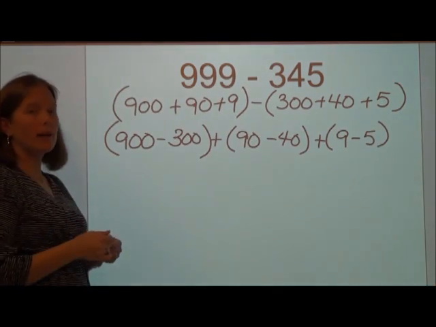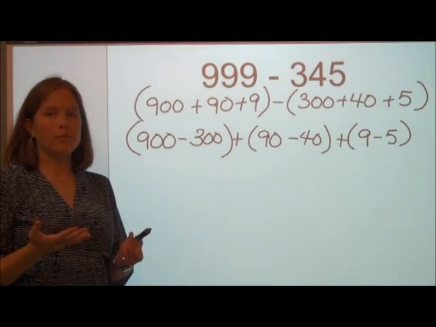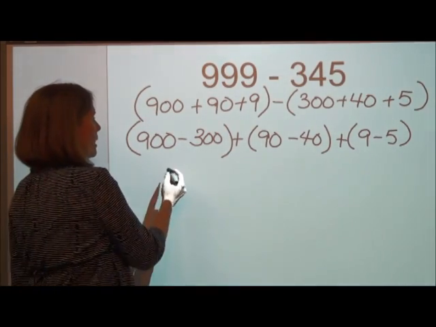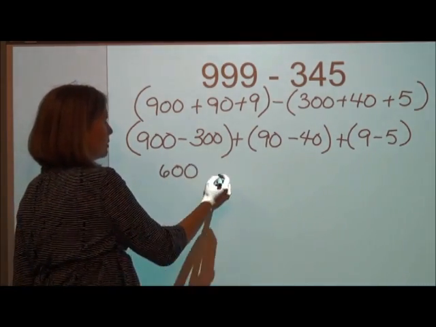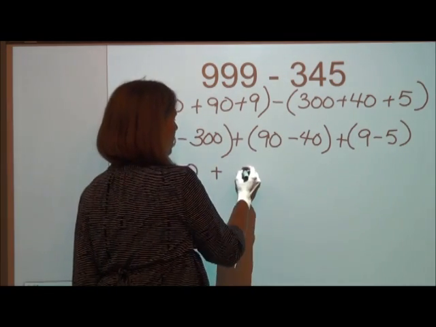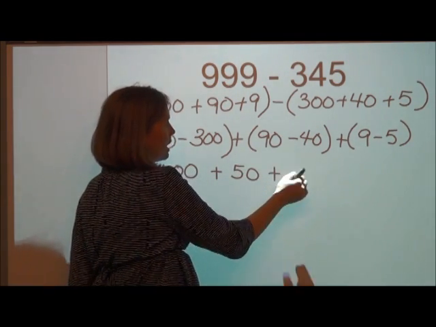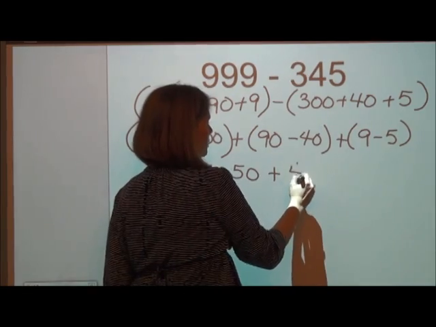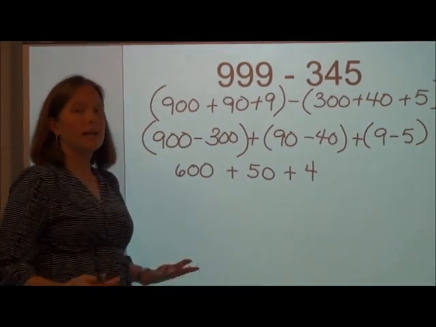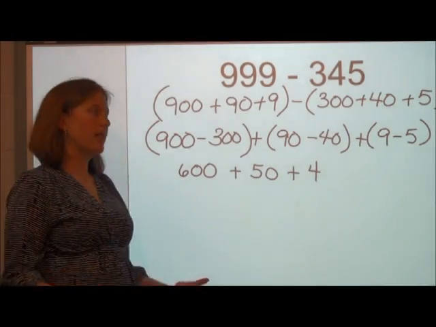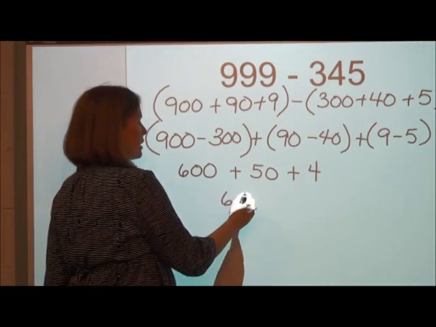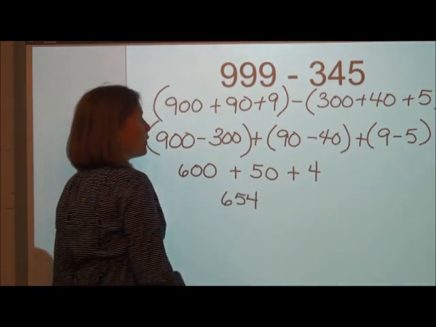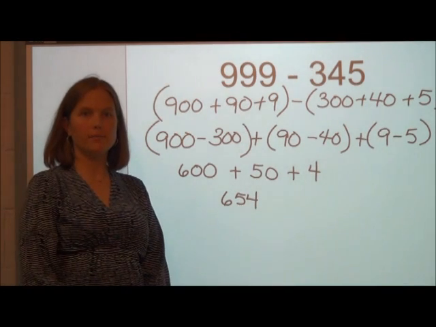So now all we have to do is subtract our like place values. So 900 minus 300 is going to get us our 600. 90 minus 40 is going to give us our 50. And 9 minus 5 is going to give us our 4. Now we just add all of our differences together and we'll get 654 for our difference.